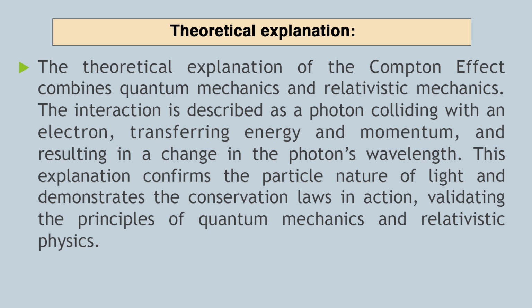The theoretical explanation of the Compton effect combines quantum mechanics and relativistic mechanics. The interaction is described as a photon colliding with an electron, transferring energy and momentum and resulting in a change in the photon's wavelength. This explanation confirms the particle nature of light and demonstrates the conservation laws in action, validating the principles of quantum mechanics and relativistic physics.